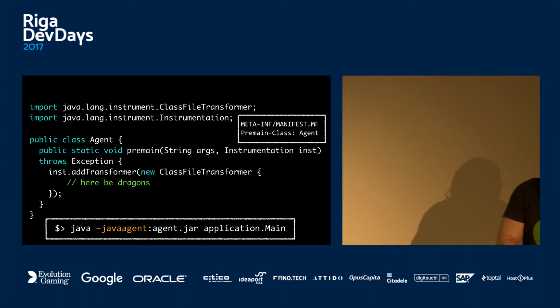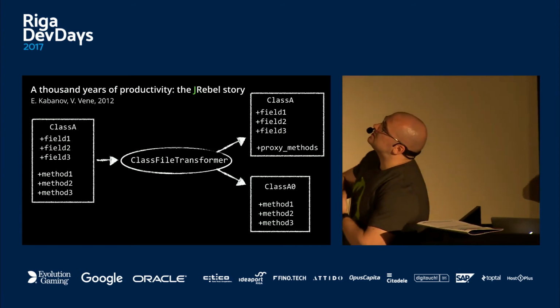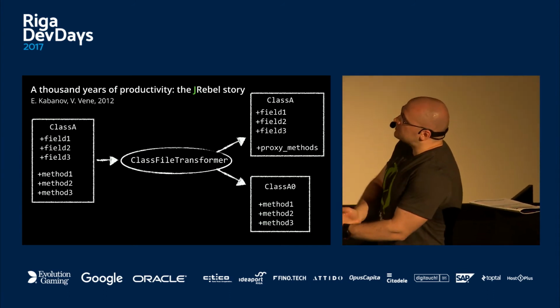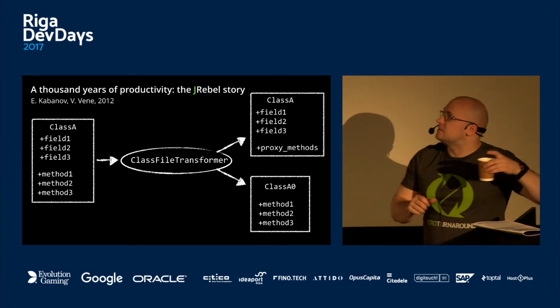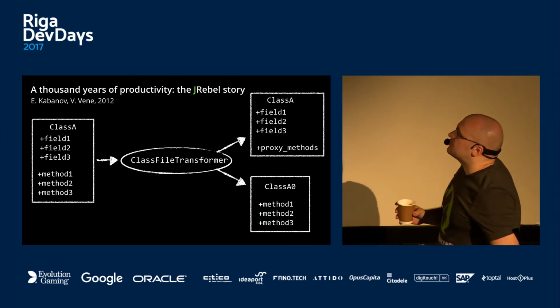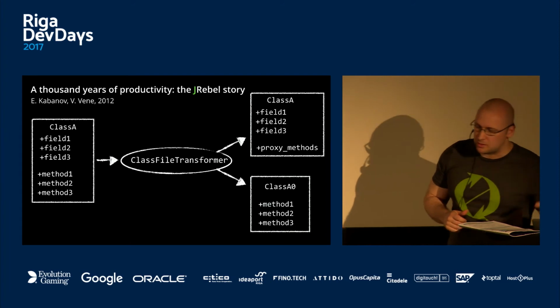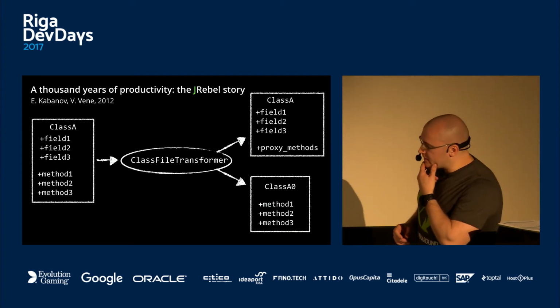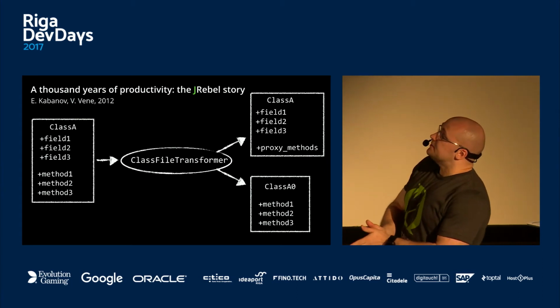What is described in the PhD thesis of the creator of JRebel is a transformation trick, so that when you are loading one class into the JVM, it is actually split into two classes.